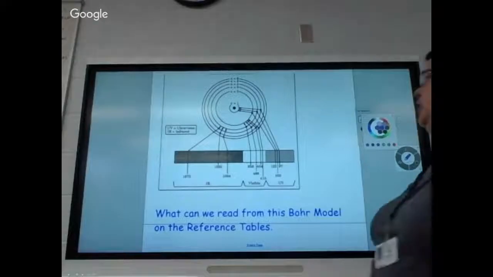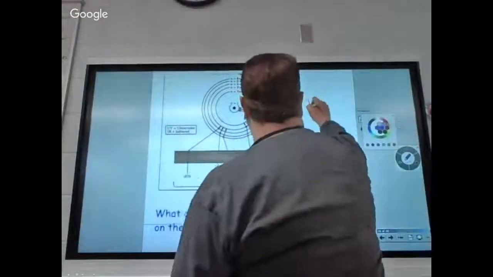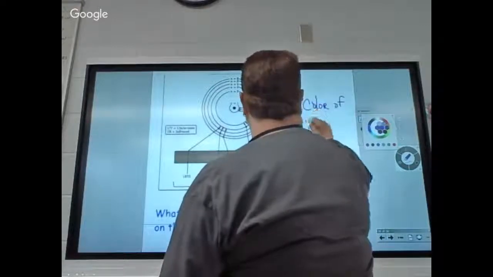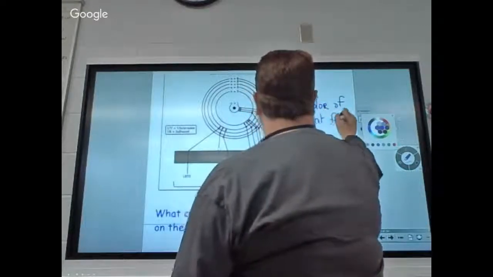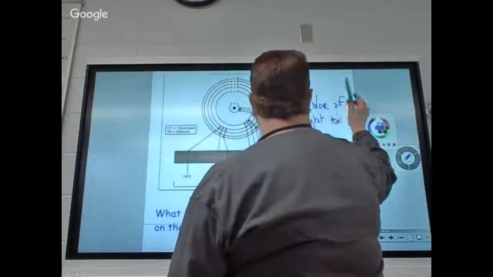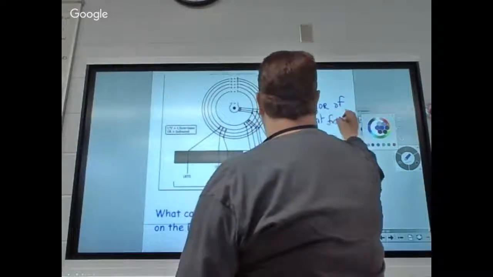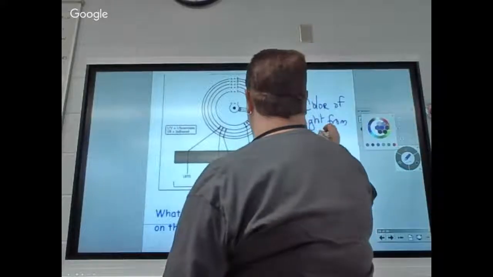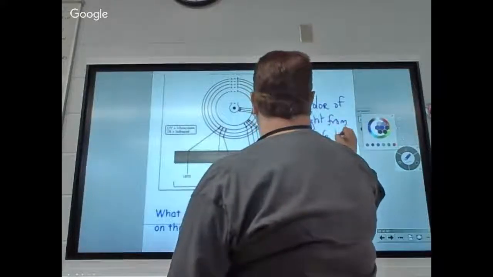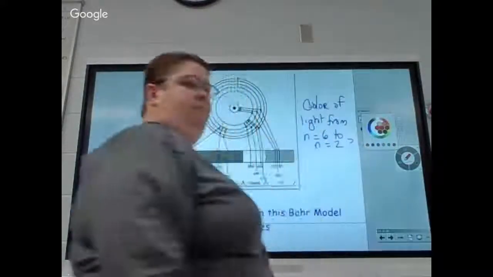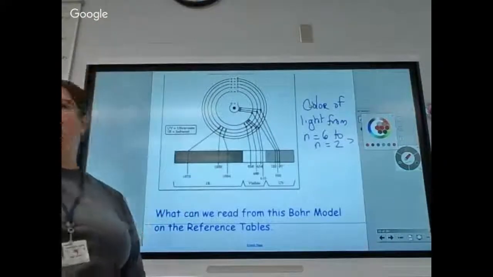Suppose I want you to tell me the color of light from, not form, from n equals 6 to n equals 2. All right, how do we do that?